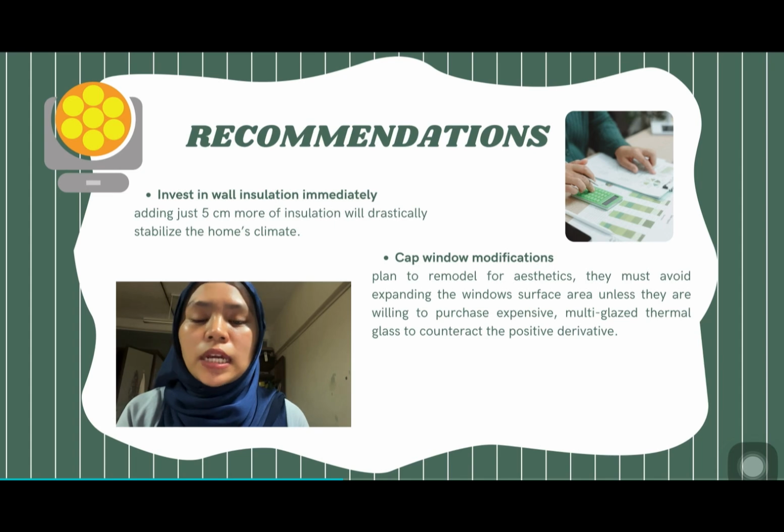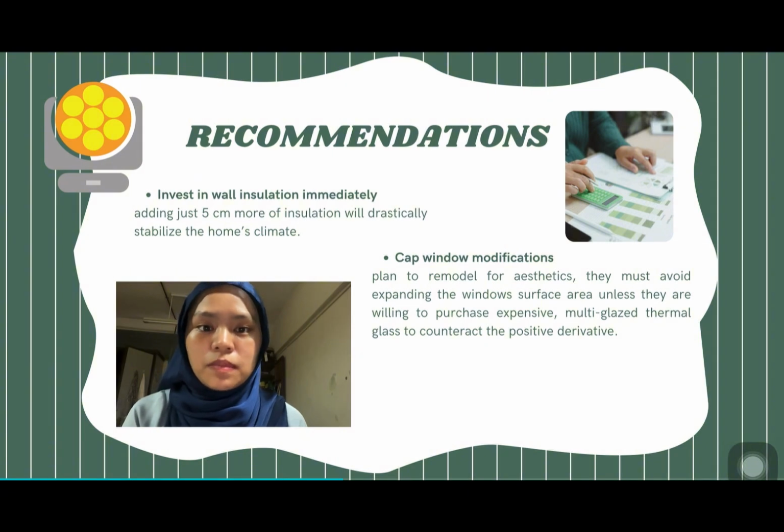Based on the data-driven results, I will suggest two recommendations for the family. The first one is to invest in wall insulation immediately. Adding just 5 cm more insulation will drastically stabilize the home's climate, based on the calculation steps that I just did.